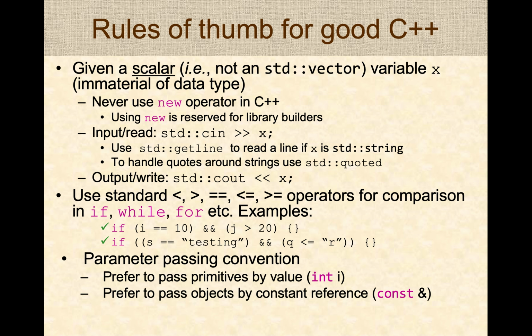Keep in mind the parameter passing conventions. Prefer pass by value only for primitive data types. For objects, you should always prefer to use reference and preferably a constant reference. And always prefer to use a std vector instead of a conventional array. So don't use conventional arrays in modern C++. Instead, prefer to use a std vector.